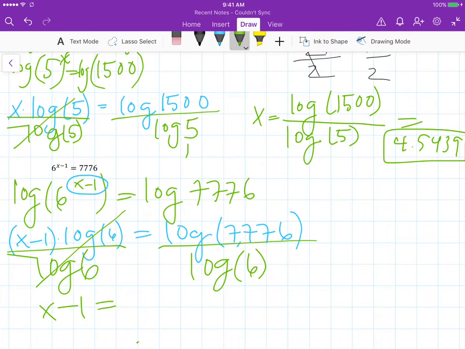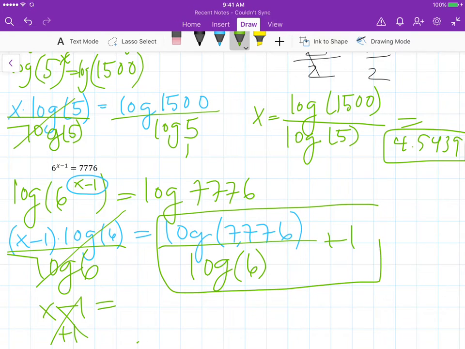Now, this time, I am not done. I have x minus 1 equals this, so I really could just add 1 to the other side and cancel it out. So x equals this whole thing, the log of 7,776 divided by the log of 6 plus 1, or I could get an approximation of that number. Log of 7,776 divided by the log of 6, that's actually 5. 5 plus 1 just means that x equals 6.